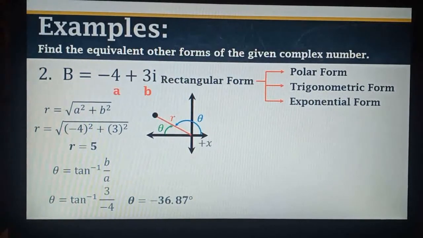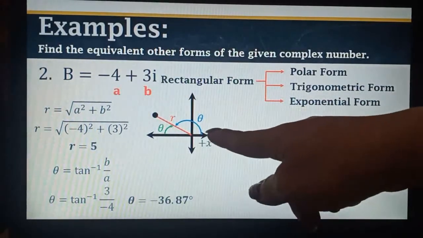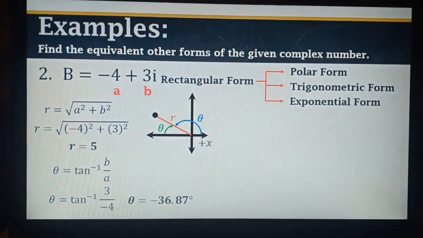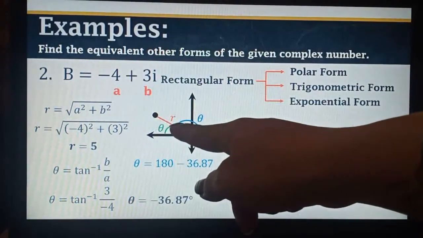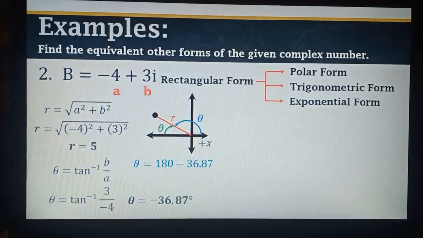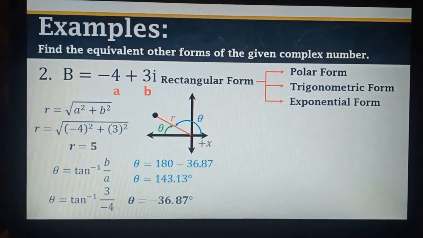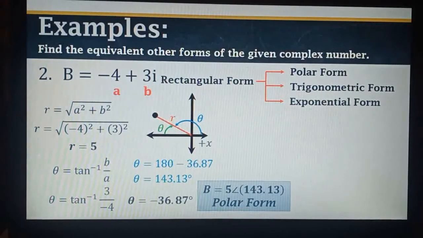So you need to compute for the theta from the positive x. So this straight line is composed of 180 degrees. So ima-minus lang natin yung computed natin na theta, which is 36.87, to have the new value of theta from the positive x-axis, which is 143.13. So the equivalent polar form of complex b is 5 at angle 143.13.